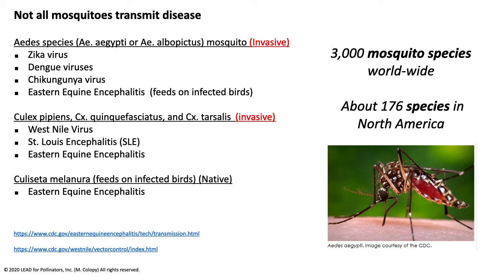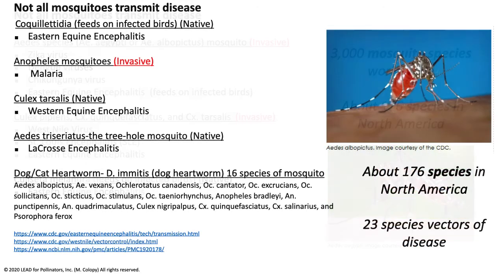However, not all mosquitoes transmit diseases. Mosquitoes are also pollinators and food for tadpoles, fish, birds, bats, and other mosquitoes. The Aedes species and Culex species of mosquitoes are not native to North America. These invasive species brought with them the ability to transmit 6 diseases.